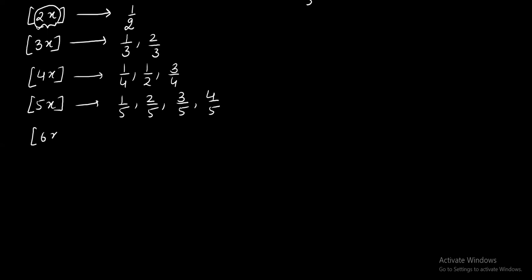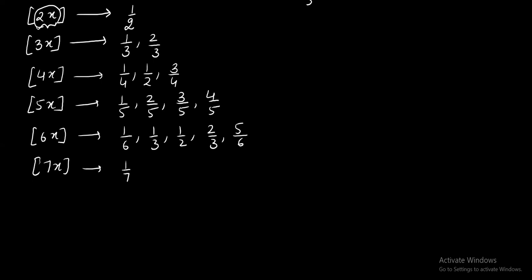Coming to the integral part of 6x, this will become an integer at 1/6, 2/6, 3/6, 4/6, and 5/6. Similarly, 7x will become an integer when x equals 1/7, 2/7, 3/7, 4/7, 5/7, and 6/7. So these are the points at which 7x will become an integer.